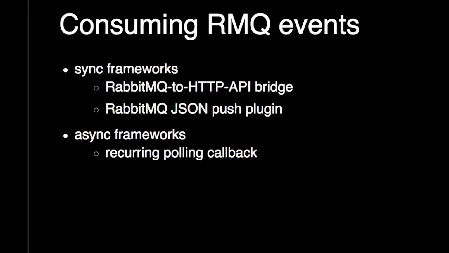To consume RabbitMQ events in microservices in Python, if you're using a sync framework, there is a RabbitMQ JSON plugin you can use that will do some POST calls on an HTTP endpoint every time a message comes in. The problem is this is not something you manage yourself.